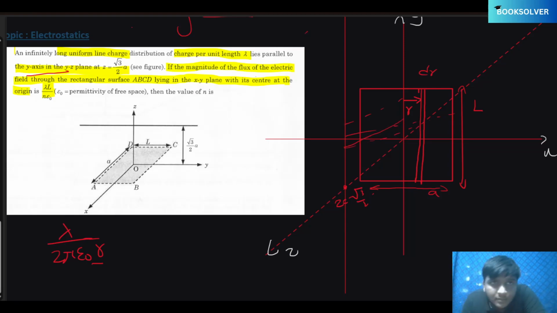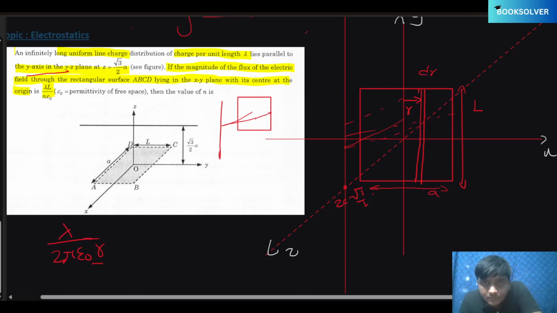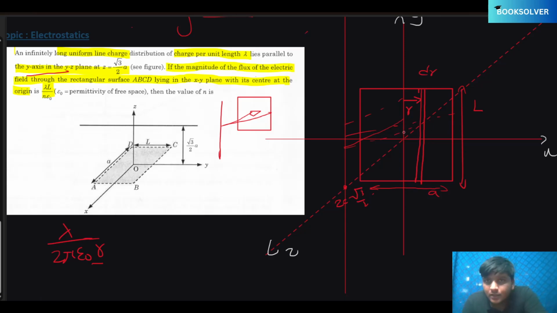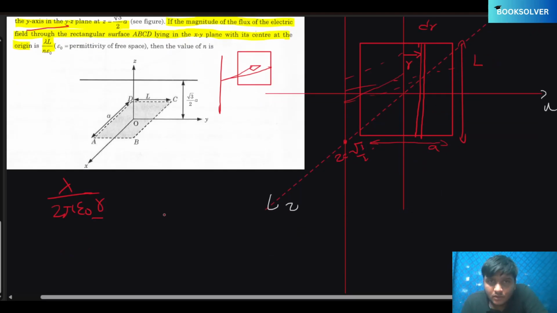If this is our rod and this is the sheet, from this point the distance is root of, root 3 by 2 a squared plus r squared.